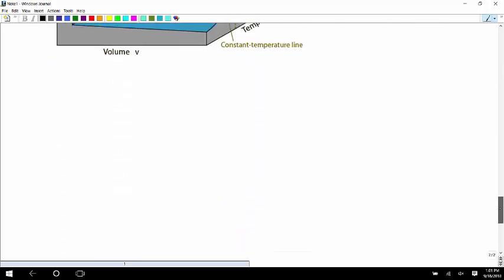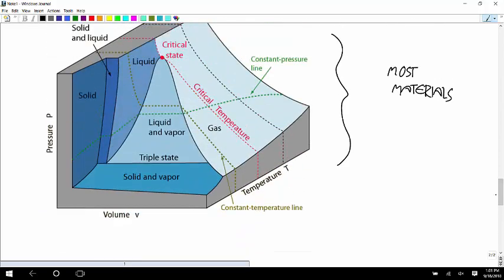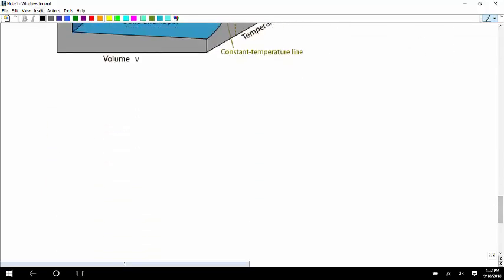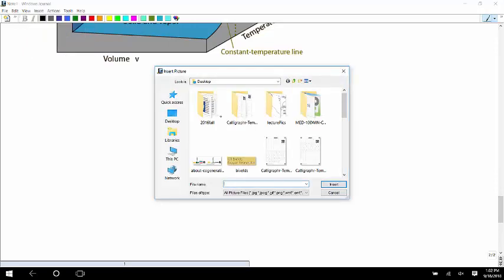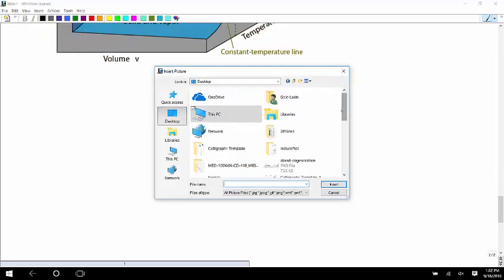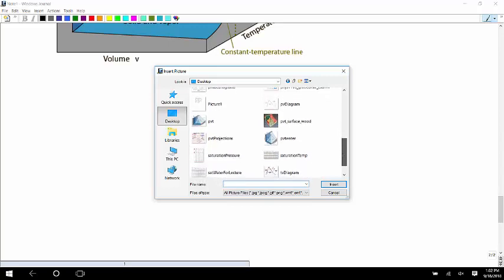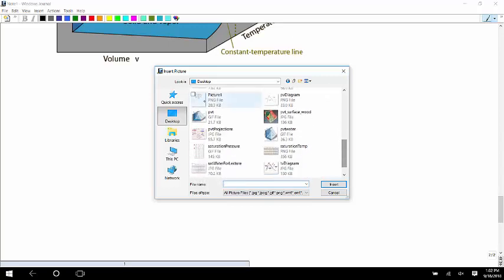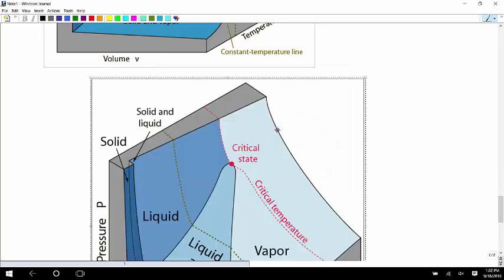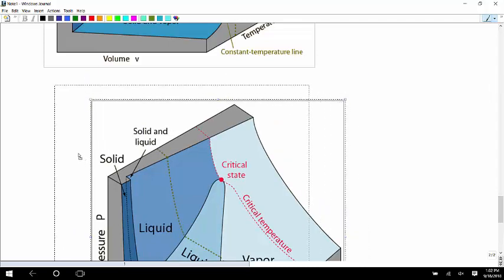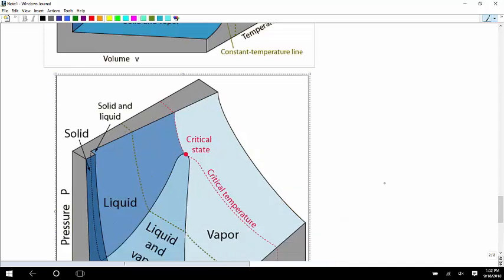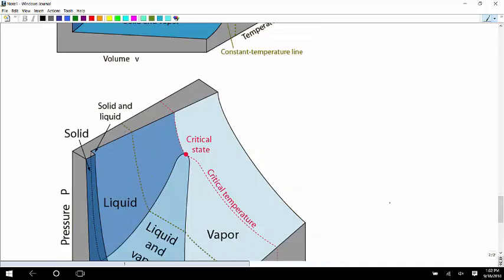And then let me show you what it looks like for water. Water is a little different than other ones. Okay, so what's the difference between these two?